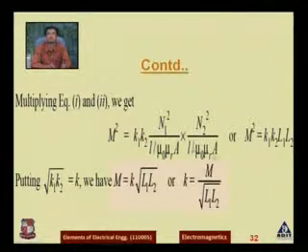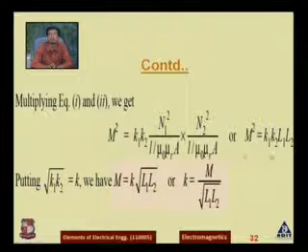Similarly, this one is the reluctance of the second coil. So we get one relation, that M square is equal to K1 K2 L1 L2. Putting the square root of K1 K2 equal to K, we get M, the mutual inductance, is equal to K under root L1 L2.